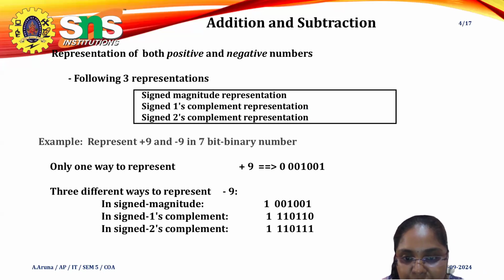So the 1's complement of this 9 is 110110. For 2's complement, we add 1 at the least significant bit. The remaining bits stay as they are; if I add 1, 0 plus 1 is 1. I keep my sign bit as it is. This is how a signed negative number can be represented in sign magnitude, 1's complement and 2's complement.